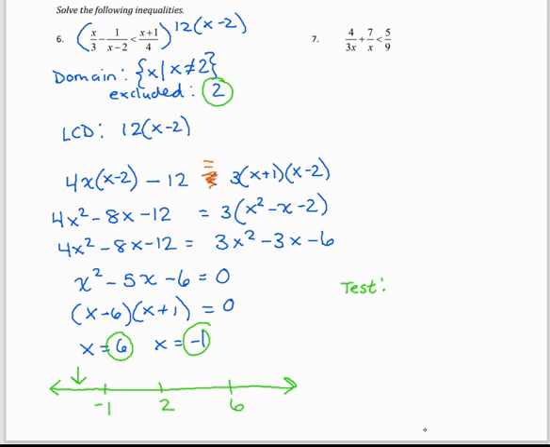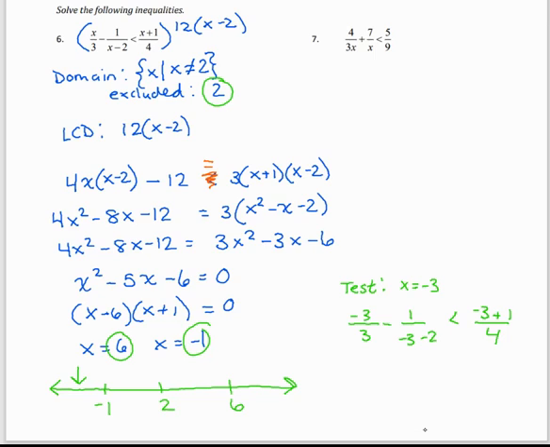So for instance here, maybe we want to test negative 3. If I test negative 3, I would plug that into my equation. So that would be negative 3 over 3 minus 1 over negative 3 minus 2 is less than negative 3 plus 1 all over 4.